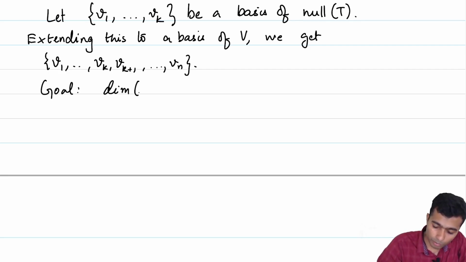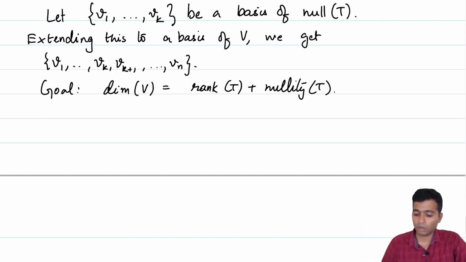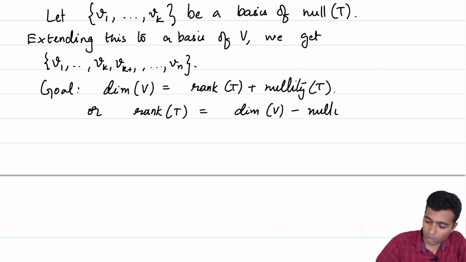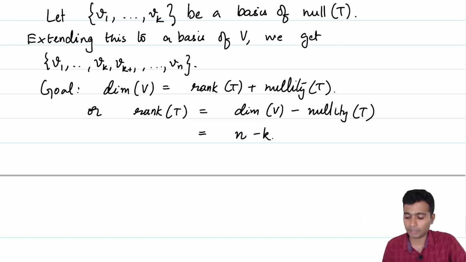We have to prove that the dimension of V is equal to the rank of T plus the nullity of T. Or in other words, the rank of T should be equal to the dimension of V minus the nullity of T. But we know what these things on the right are. This is equal to n and this is equal to k. So we have to show that the rank of T is equal to n minus k.